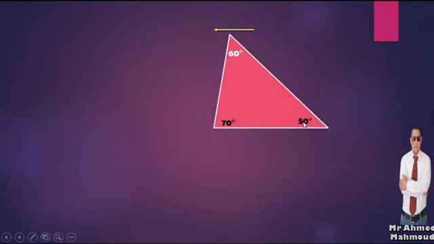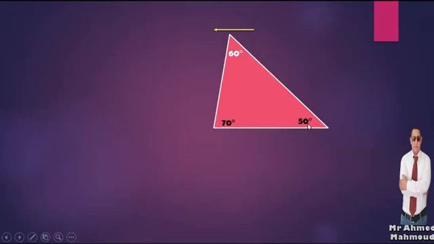Of course, if I change this angle, then another angle must be changed like this. Now the equilateral triangle changed into a triangle with angles 60, 70 and 50. Here this angle equals 60, this angle 50 and this angle equals 70.